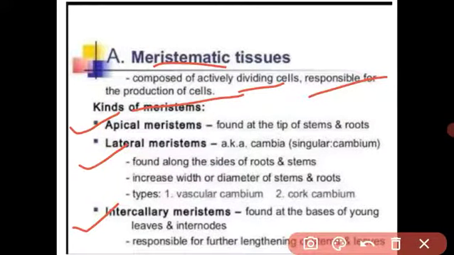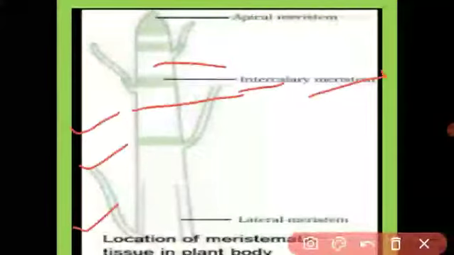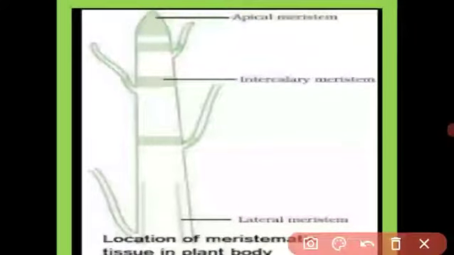Apical meristematic means the tissue, see, I will show the structure. This is a small plant. Apical meristematic tissue is present on the tips of the shoot, tips of the branches, tips of the roots, tips of the leaf. Due to this apical meristematic tissue, the plant grows.